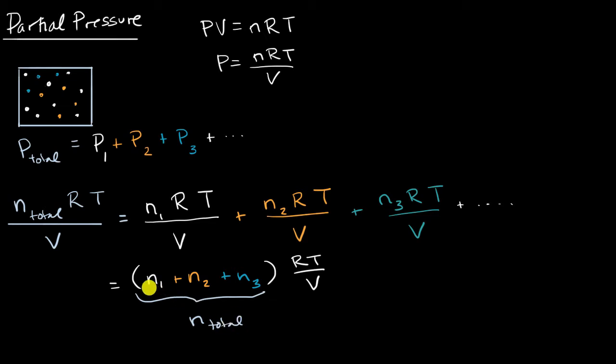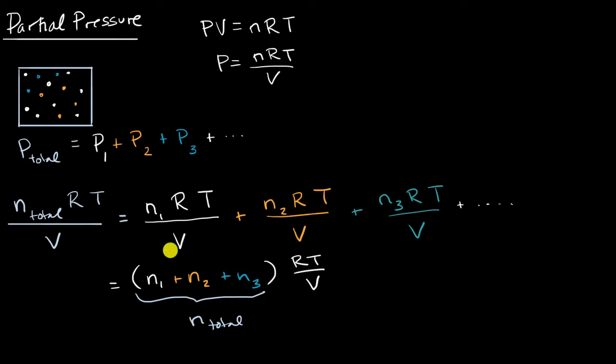If you say the number of moles of gas 1 plus the number of moles of gas 2 plus the number of moles of gas 3, that's going to give you the total number of moles of gas that you have in the container. So this makes sense mathematically and logically.